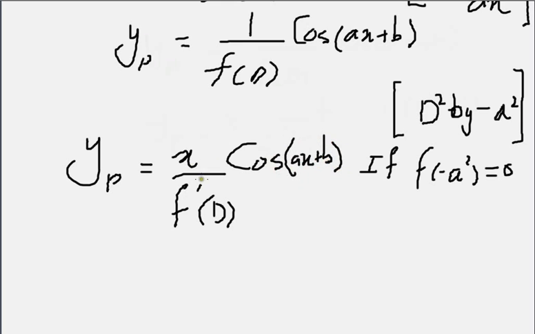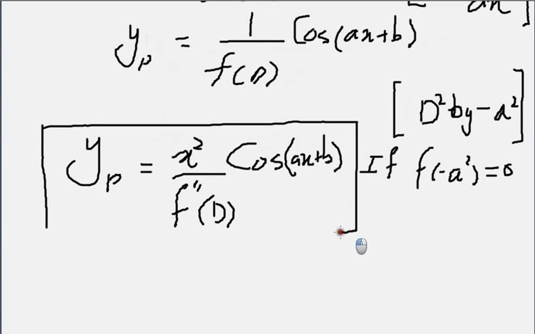And if this thing again happens, then you are going to take another x, multiply the equation by another x and differentiate it again. This is how you can find yp.